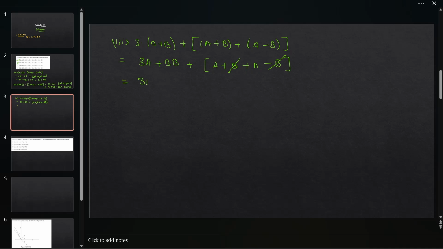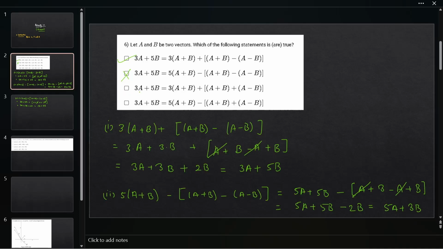So we have 3A plus 3B plus 2A. If we add the terms of A, 3A plus 2A, it becomes 5A plus 3B. So if we check the option, it is 3A plus 5B, which is incorrect.